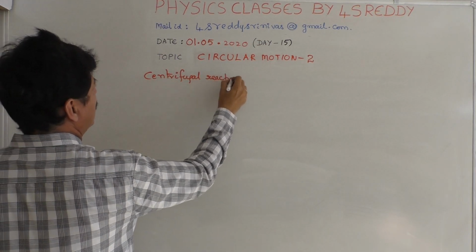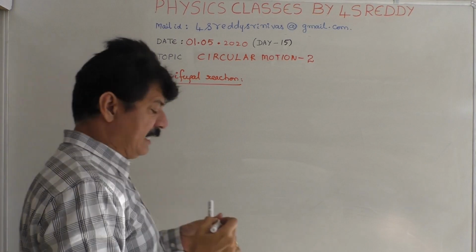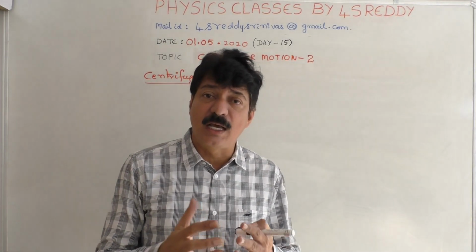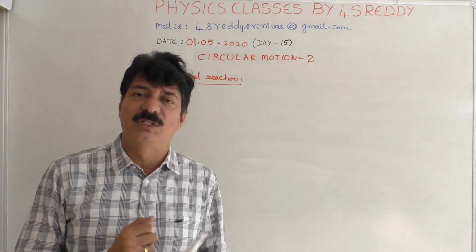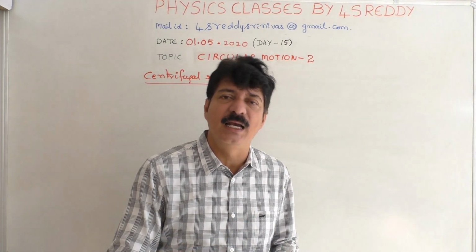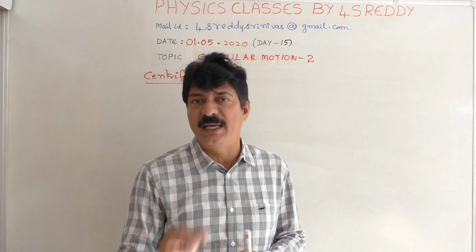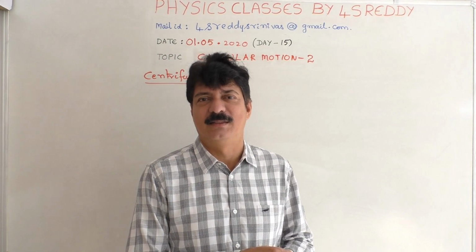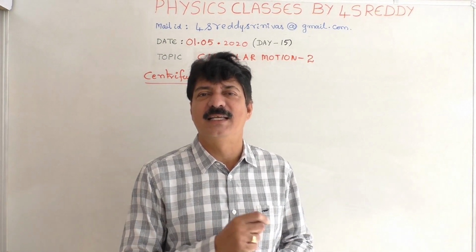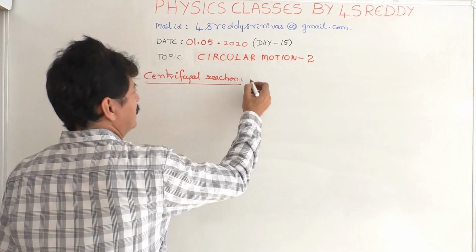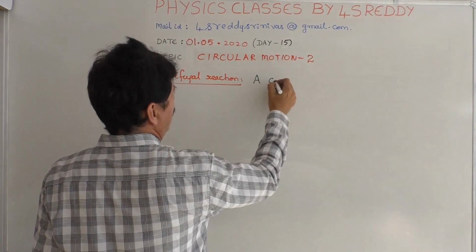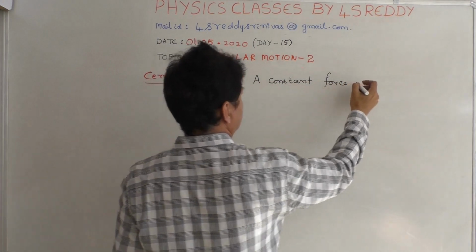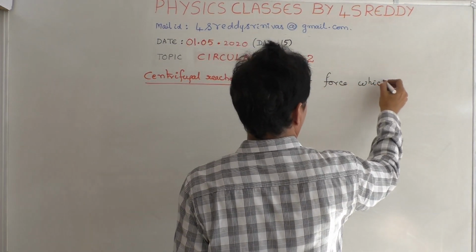What do you mean by the centrifugal reaction? It is also a constant force which always acts radially outwards on the agency, causing the body to move in a circular path, called centrifugal force.